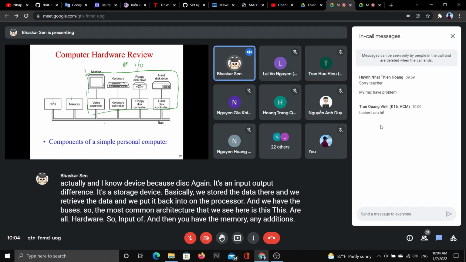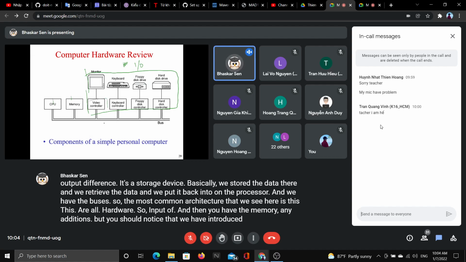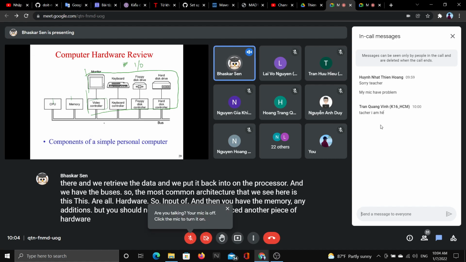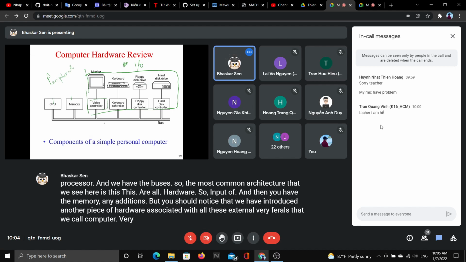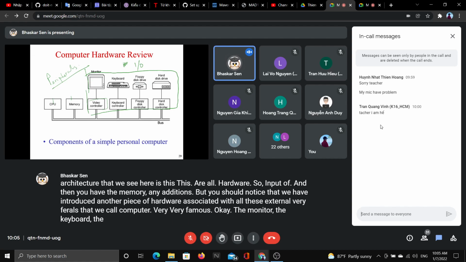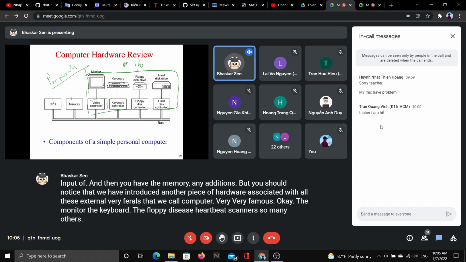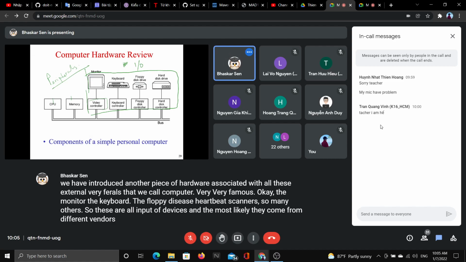But you should notice that we have introduced another piece of hardware associated with all these external peripherals. Peripherals, okay: the monitor, the keyboard, the floppy disk, hard disk, and so many others. These are all input-output devices, and most likely they even come from different vendors and work at different speeds.